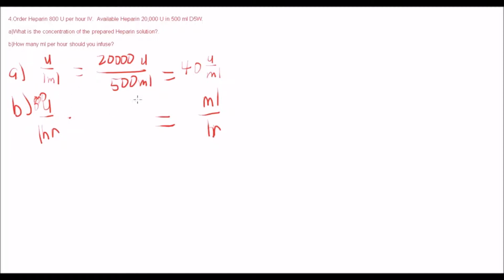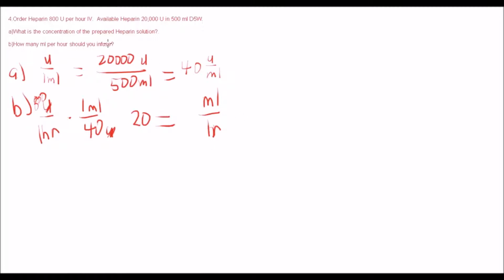Now we need to convert units to milliliters. Well, we just did that here, it's 1 milliliter to 40 units. So we'll have 1 milliliter over 40 units. Okay, so now the units cancel, and we end up with milliliters per hour. We just divide these, and now we get 20. So that's the answer to B.